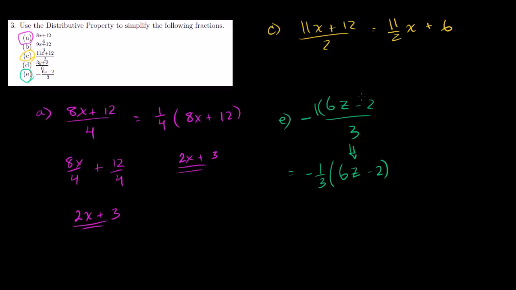You can imagine a 1 right out here. Right? Negative 1/3 times 6z minus 2. And then you just do the distributive property. Negative 1/3 times 6z is going to be minus 2z. And then negative 1/3 times negative 2, negatives cancel out, you get plus 2/3. And you are done.